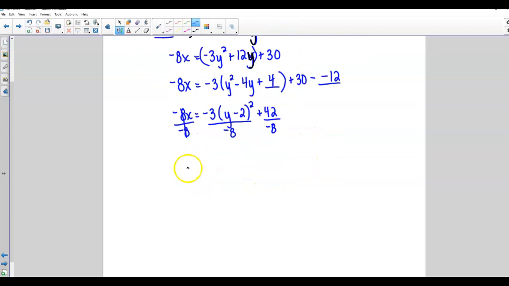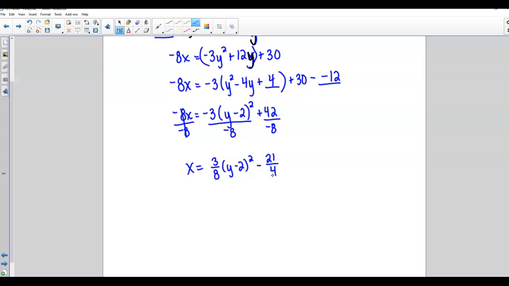And so we're going to get x equals, here the negative 3 and the negative 8, we cannot really reduce them, but since we have a negative over negative, we could make that a positive 3/8 times y minus 2 squared. And then 42 over 8 does not go evenly, but we could reduce it into a negative 21 over 4. So we kind of get a fraction there.